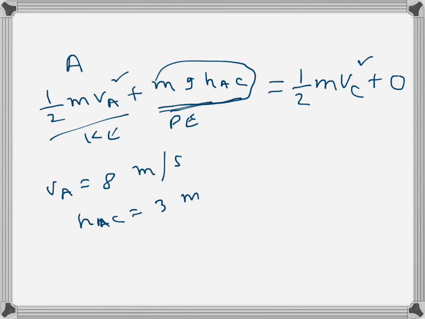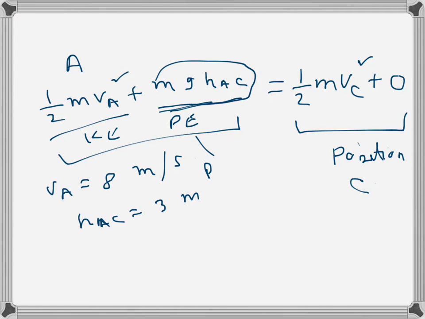Because the mechanical energy stays constant, we can equate these two energies. This is the total mechanical energy at position C, and this is the total mechanical energy at position A.